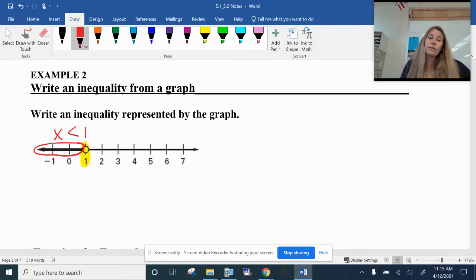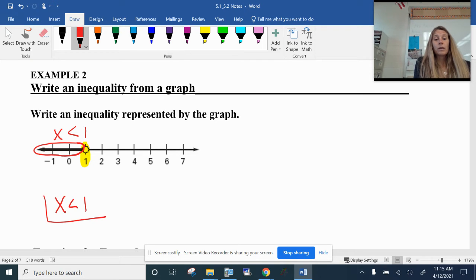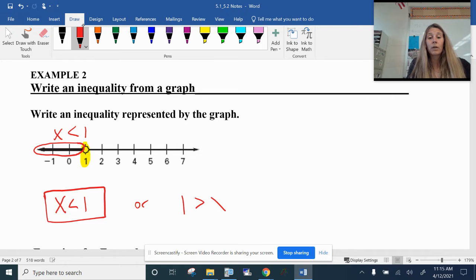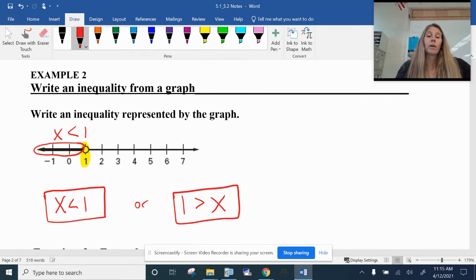So whatever's on the left is less, so it's going to point to that and open up towards the one on the right. Now, this would just be x is less than 1 because there's no filled in circle, so I don't need the equal to. The other way this inequality could be written would be 1 is greater than x. If you happen to have it that way, that would be correct as well.